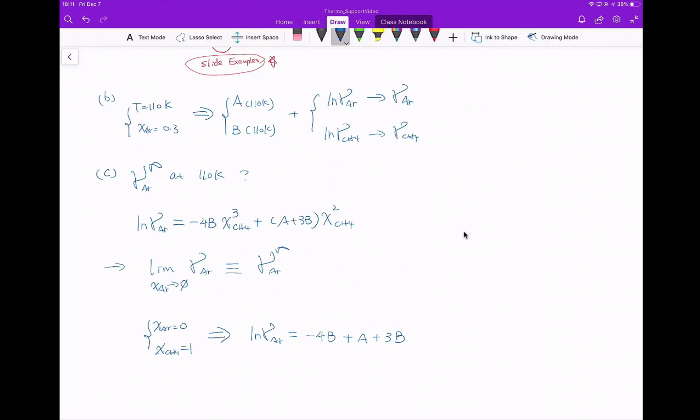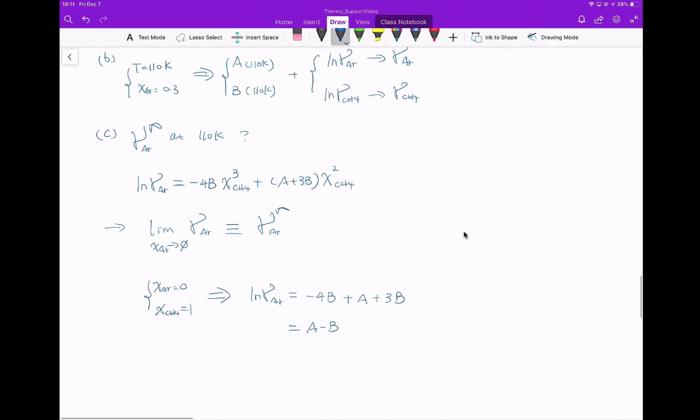Right? This is essentially A minus B. And if we know the temperature, then at this T is 100 Kelvin, then we can calculate the actual value of A minus B is 0.3205.